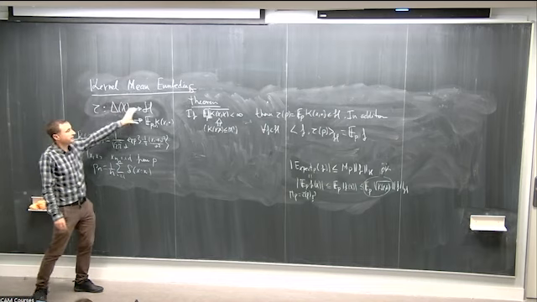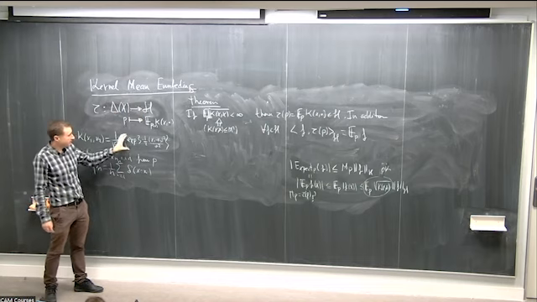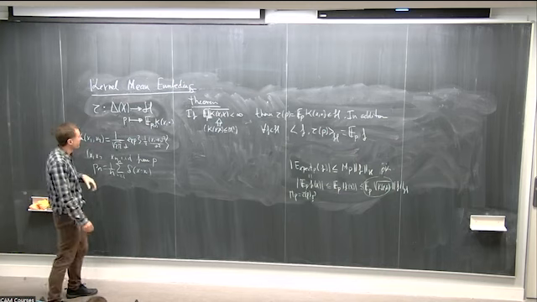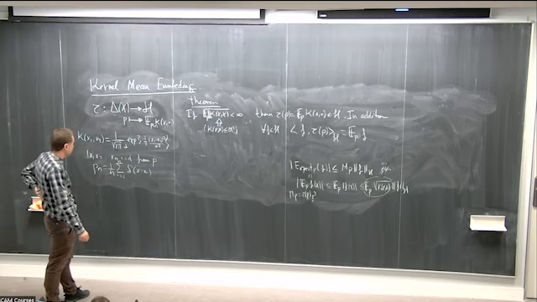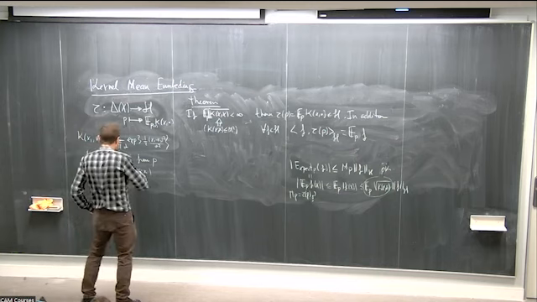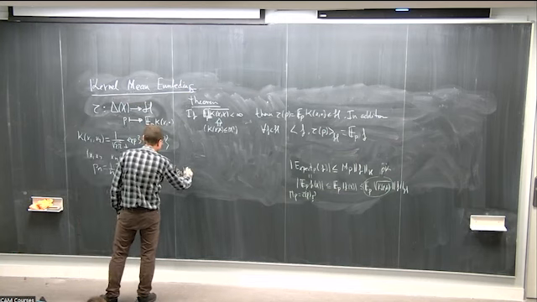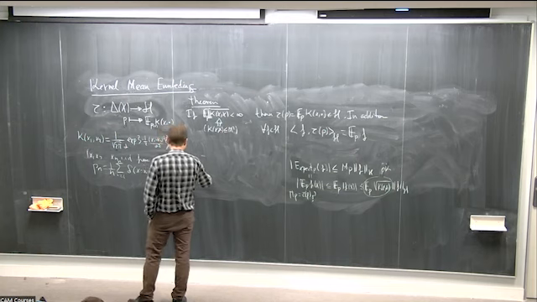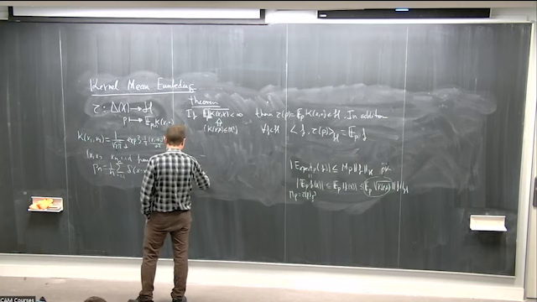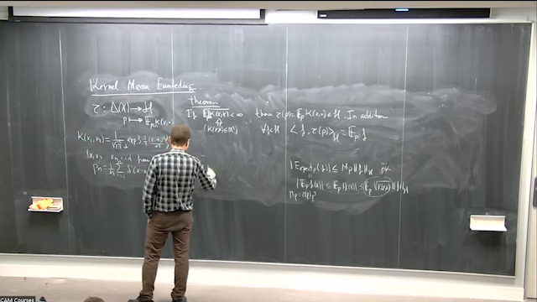If we represent it in this Hilbert space, we get a convex combination.